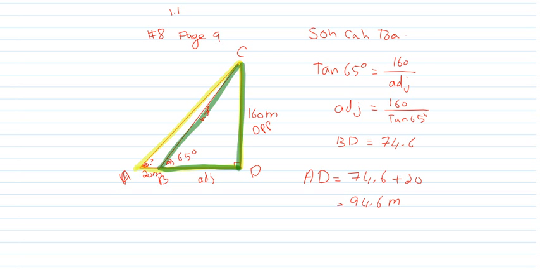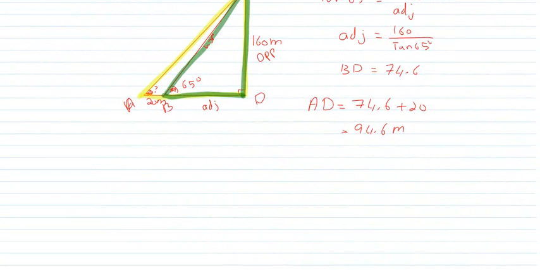So I'm going to draw the yellow triangle on the bottom right here. So this is my yellow triangle. I know that this is 160, and I know that this is 94.6, and I'm looking for that angle right here, which is angle A. What would CD be with respect to angle A?